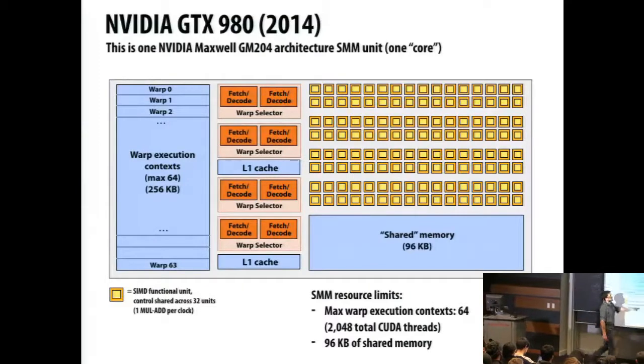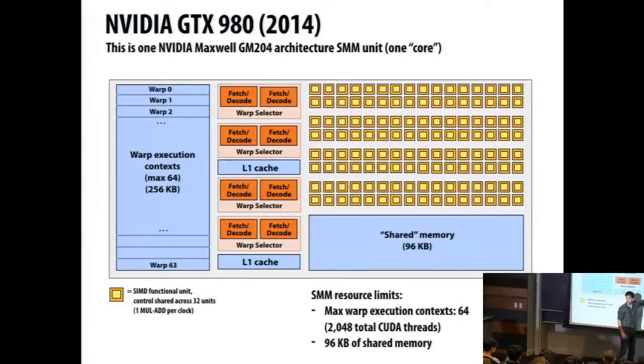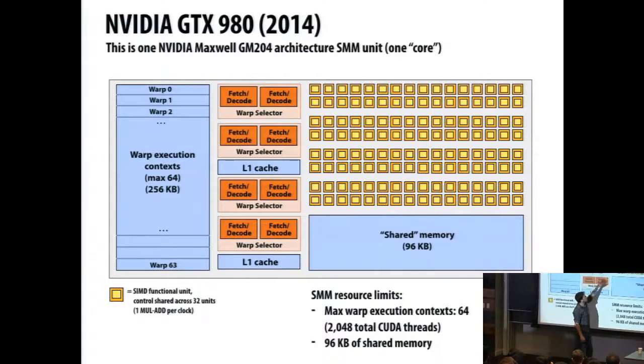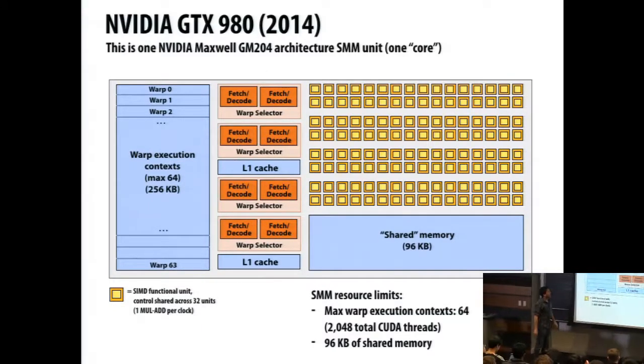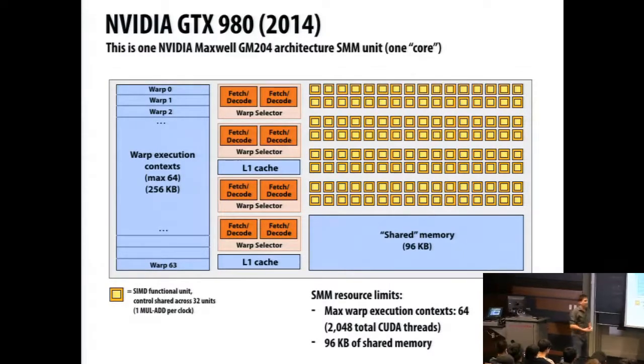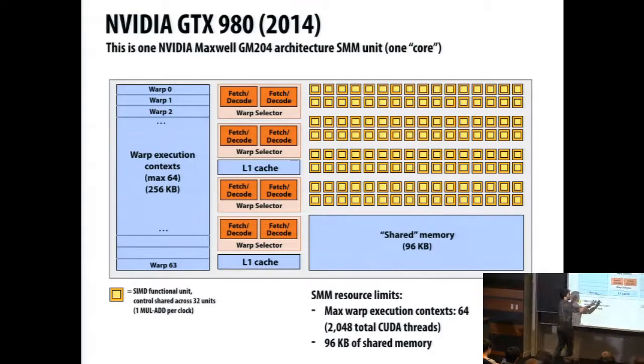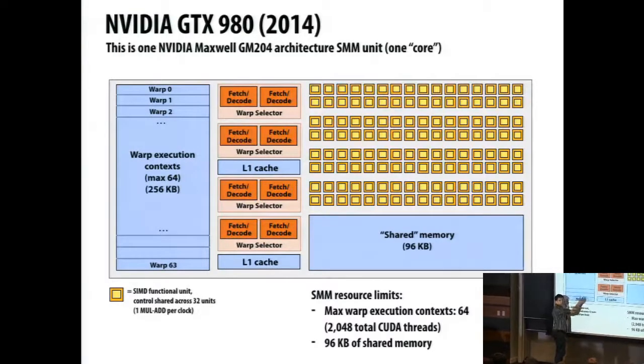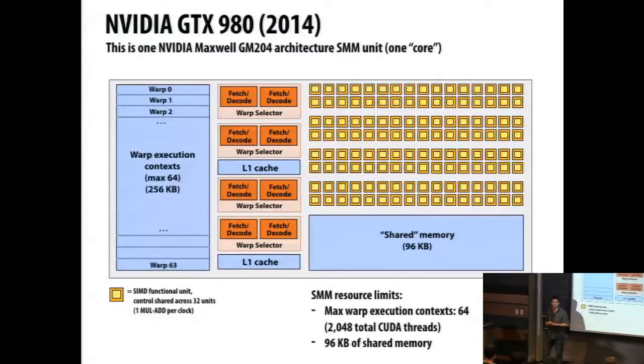We have a bunch of SIMD ALUs. In fact, we have 4 groups of 32 SIMD ALUs. We have the ability to keep on the chip, depending on how we want to count, 64 of what NVIDIA calls warps. So now we need to break this down a little bit. There are 64 simultaneous instruction streams.